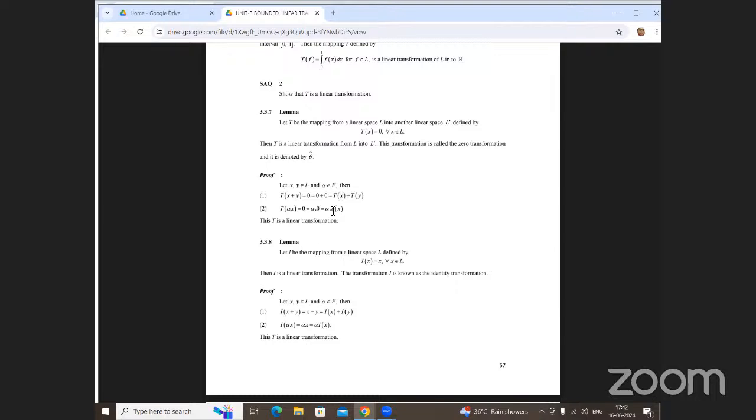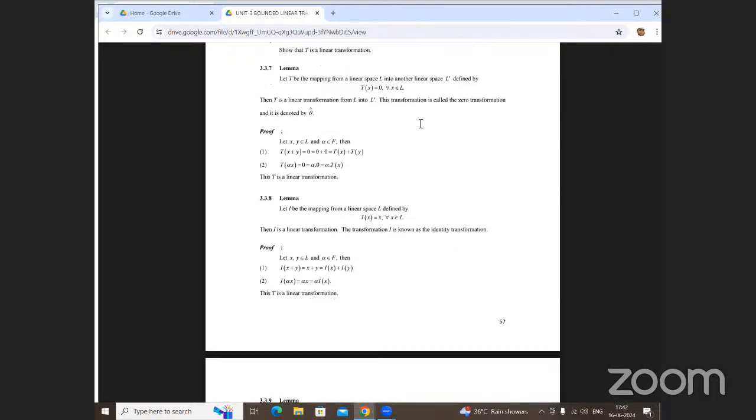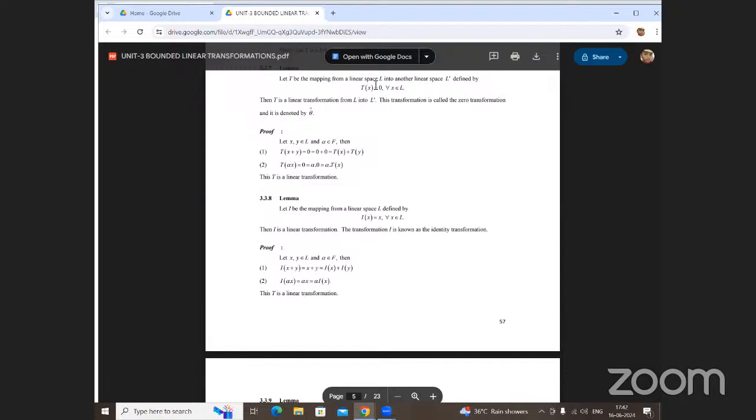So this proof is also mentioned here through the definition of T of x plus y equals T of x plus T of y. T of alpha x equals 0, replacing x by alpha x. So that is the second condition for a linear transformation. That is, 0 can also be written as alpha into 0. Again, alpha into 0 means, by the definition, T of x is there. So this is called the zero transformation. It varies from L into L dash.